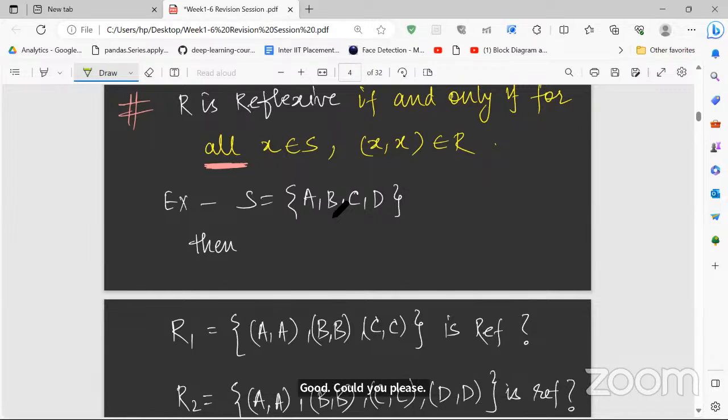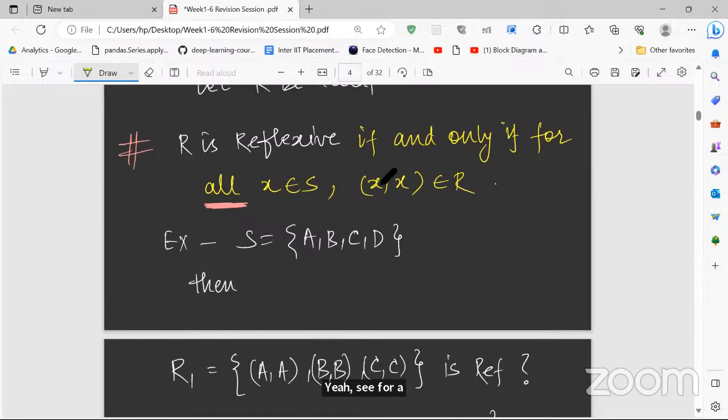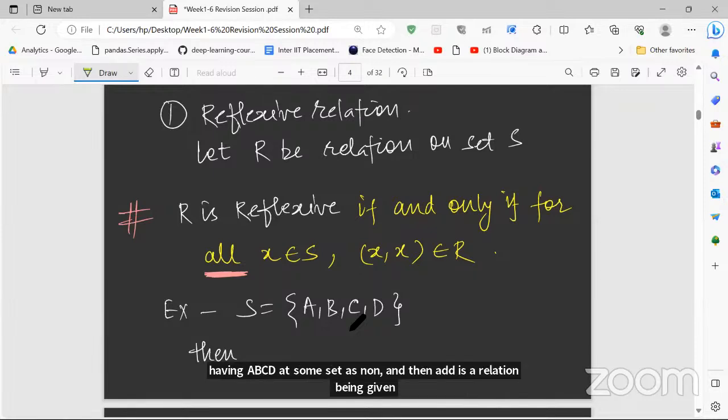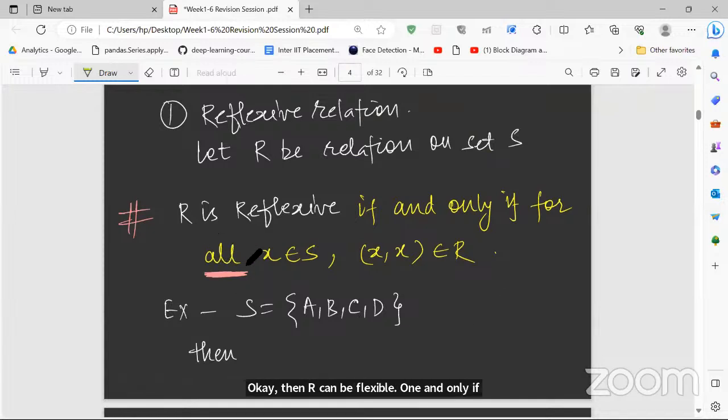Yeah. See, for a reflexive relation, a relation has been given, and it is a reflexive relation only if for all the X. For example, you have S as the non-empty set {A, B, C, D}, and R is a relation given on S. Then R can be reflexive if and only if for all X that belongs to S, (X, X) is present.